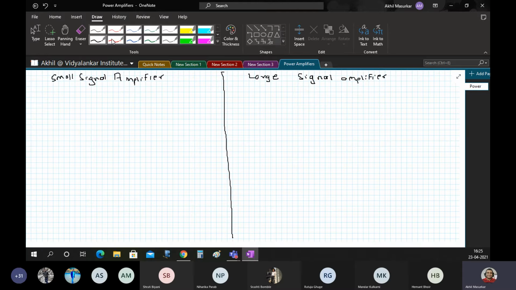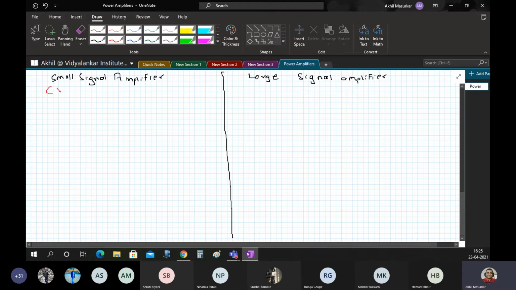Basically, a small signal amplifier is generally a voltage amplifier, and a large signal amplifier is a power amplifier.